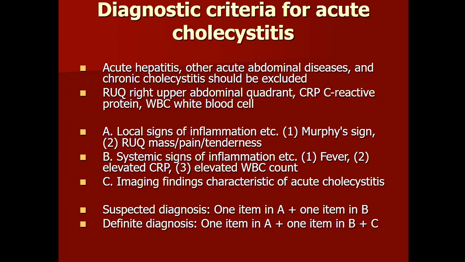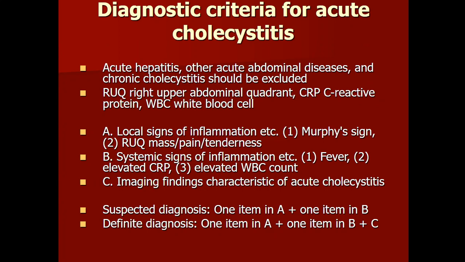Right upper quadrant pain, CRP, C-reactive protein, white blood cells. That's the second thing. A. Local signs of inflammation. That's Murphy's sign or tenderness or pain or right upper quadrant mass.